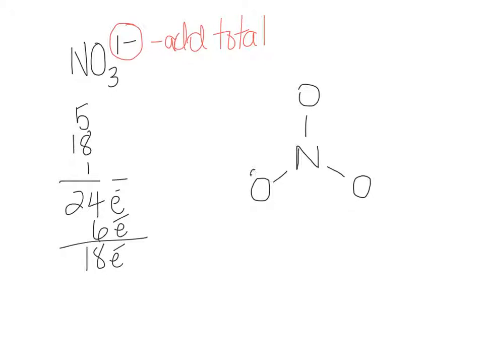So let's start putting them on. 2, 4, 6, 8, 10, 12, 14, 16, 18. Ooh, just enough. So, what do you notice? We've got 0 electrons. Does everybody have their octet filled?